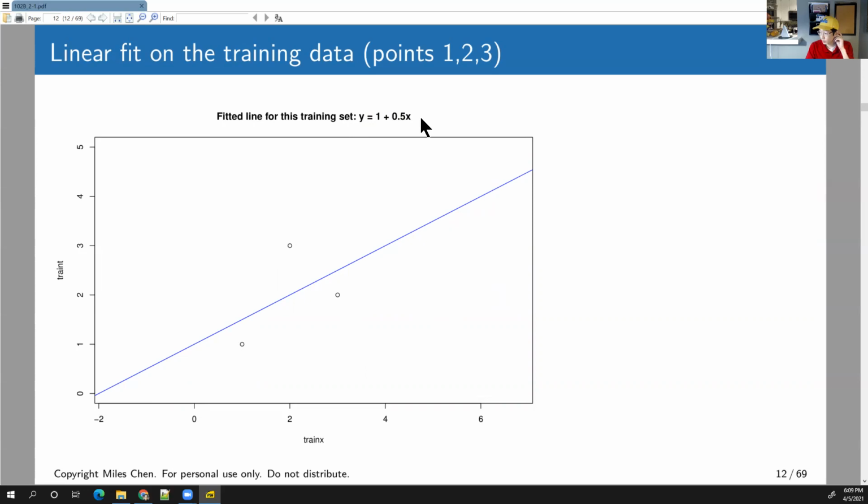And then what we do is take the validation point. Our validation point is the point 4, 4, and we plug that in and ask what the model predicted. This blue line is the line that gets fit just to these 3 points.